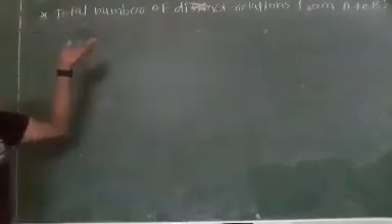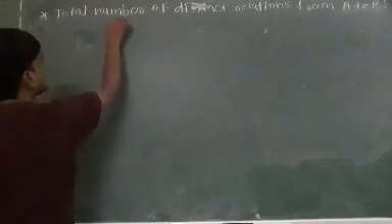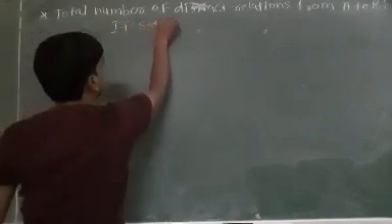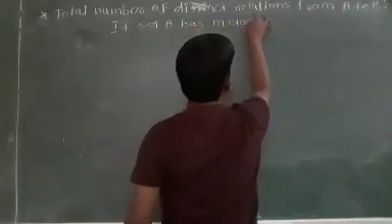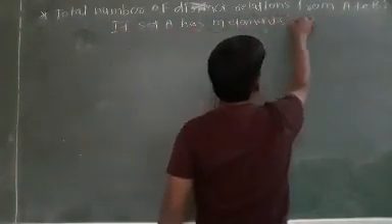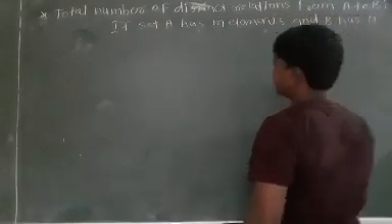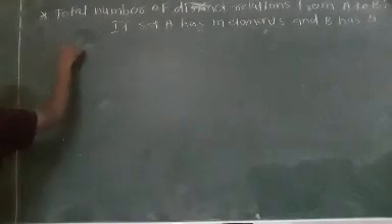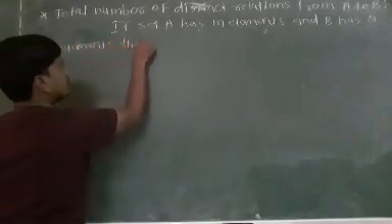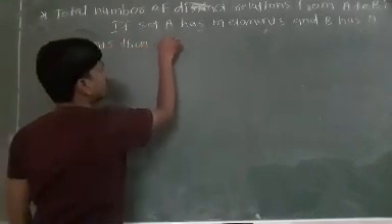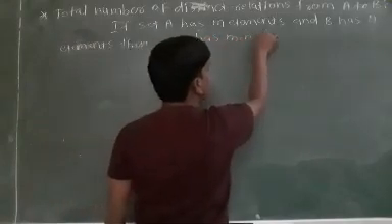That is, we have to find the number of relations from set A to set B. If set A has m elements and set B has n elements, then the product set A cross B has m into n elements.